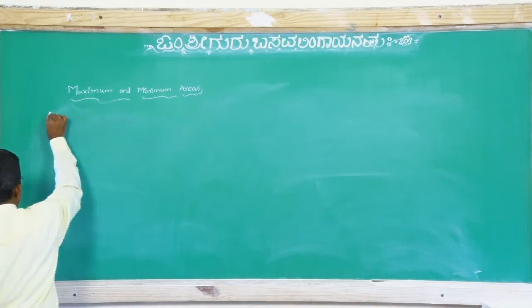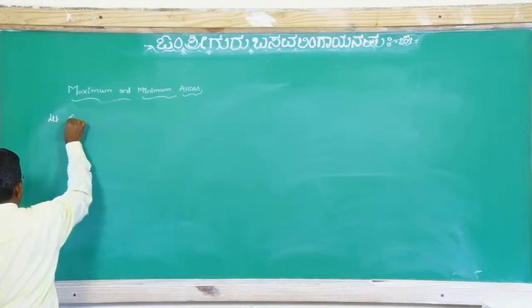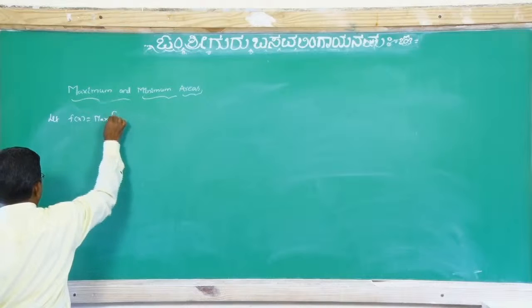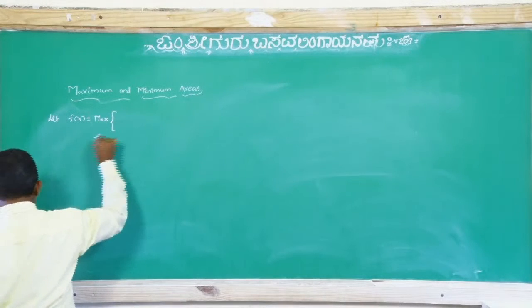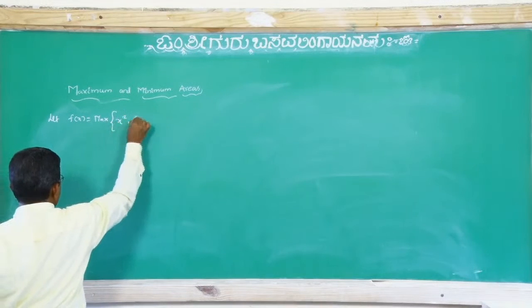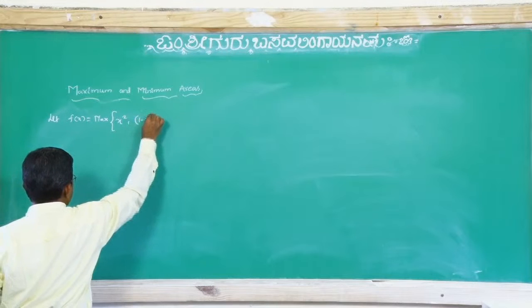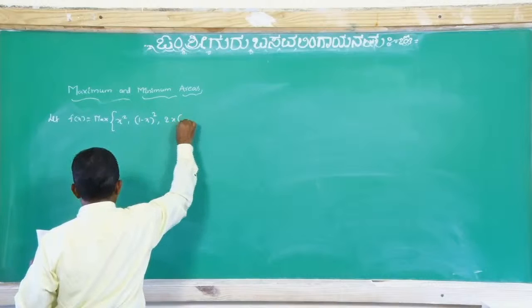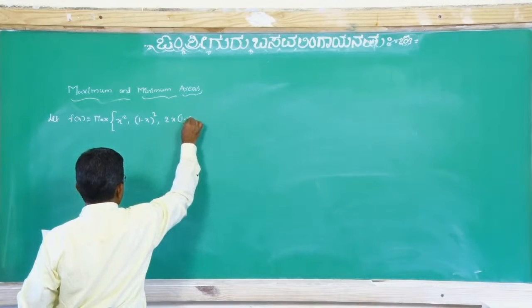Let f of x be equal to the maximum of the set x square, 1 minus x whole square, 2x into 1 minus x.